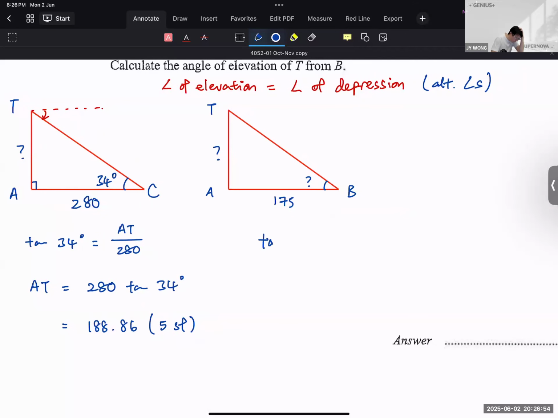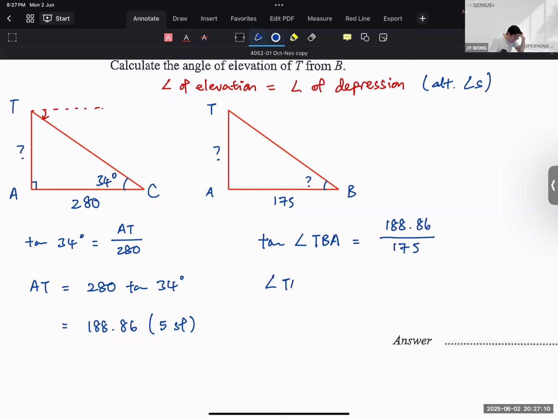So the right side is the same thing. The angle of elevation here is your angle TBA. And its opposite is AT, right? So now I have my AT. I have my adjacent also, which is 175.